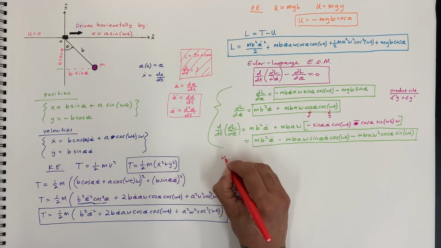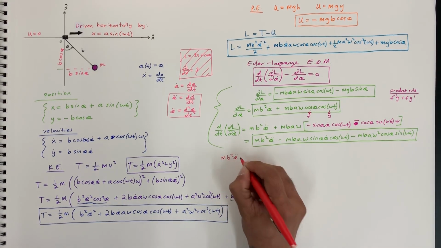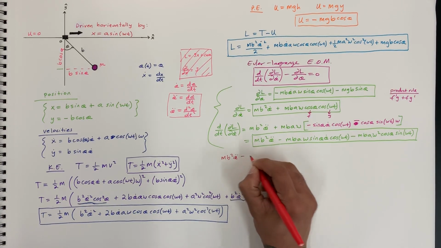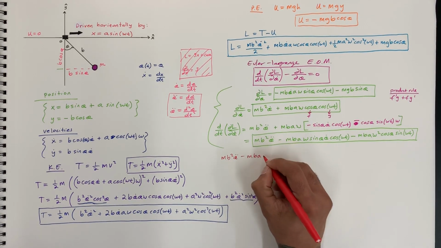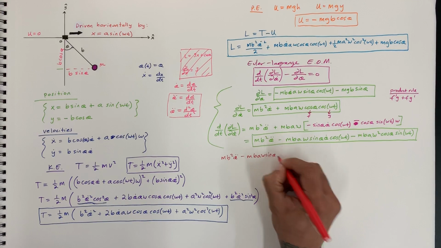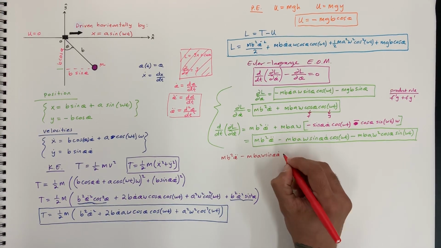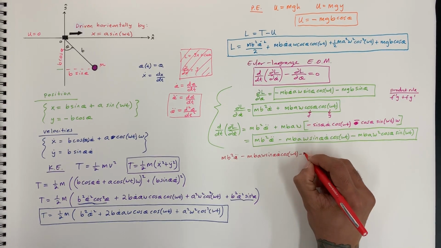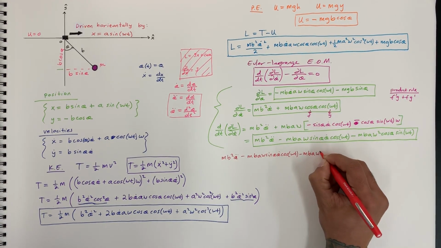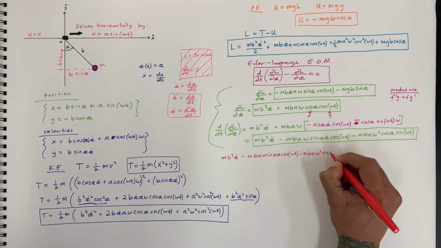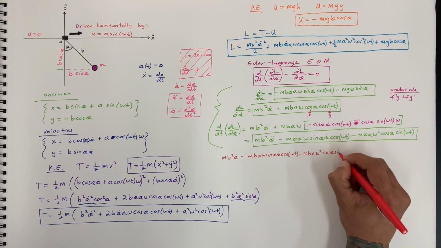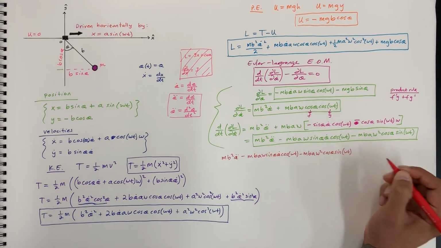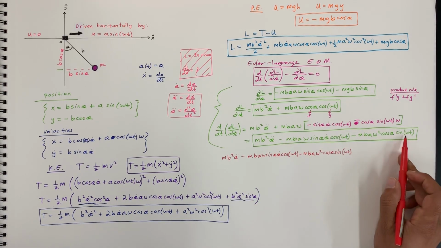So I'm going to write m b theta double dot, minus m b a omega sine theta, theta dot cosine omega t, minus m b a omega squared cosine theta sine omega t. Okay, that's everything here.